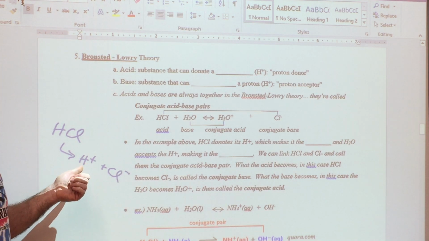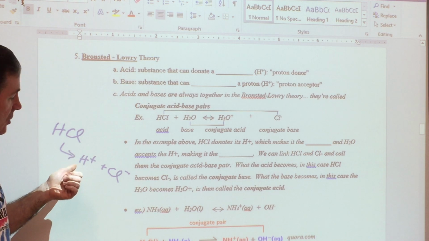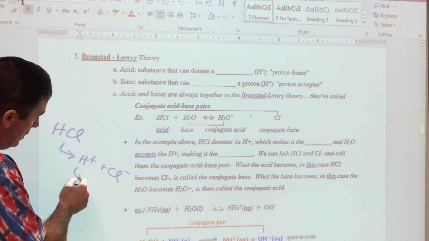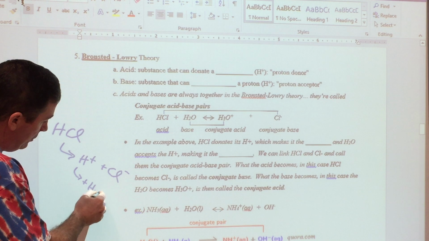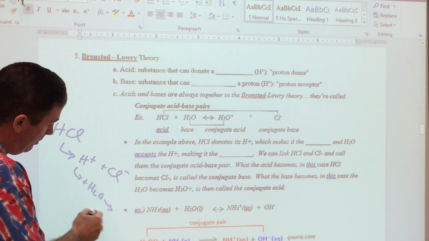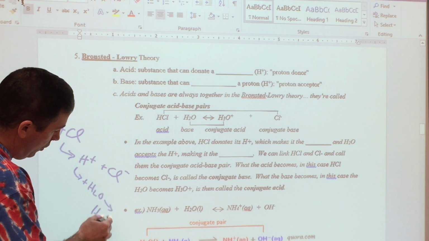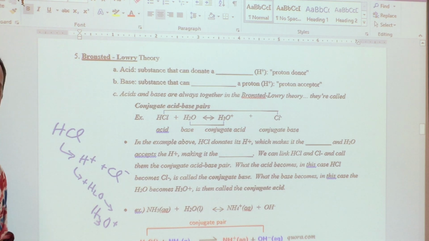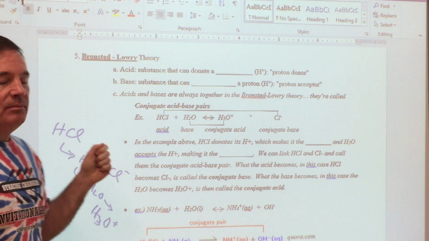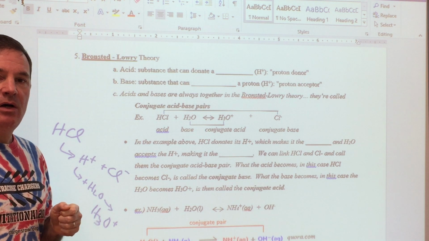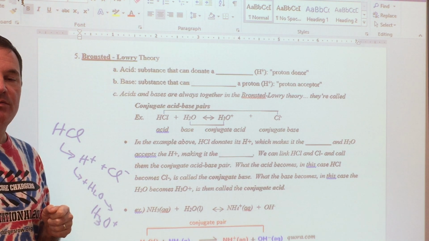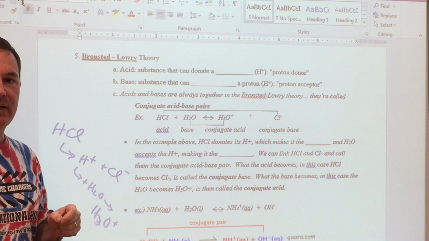Remember, this is not a dissociation, it is an ionization, because that hydrogen is going to add with water to form H3O+, and that's called the hydronium ion. Arrhenius bases are those that give off hydroxide, OH-.